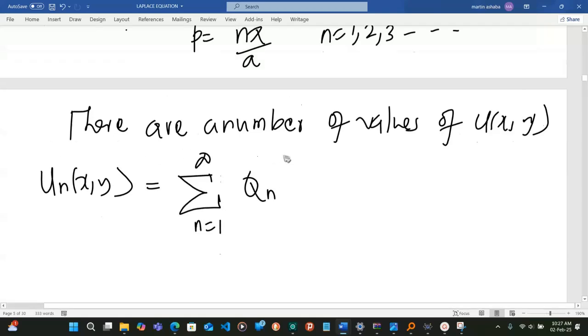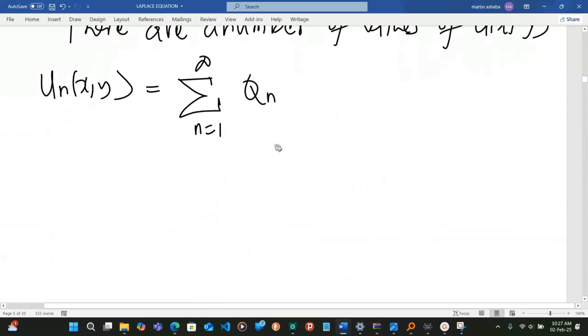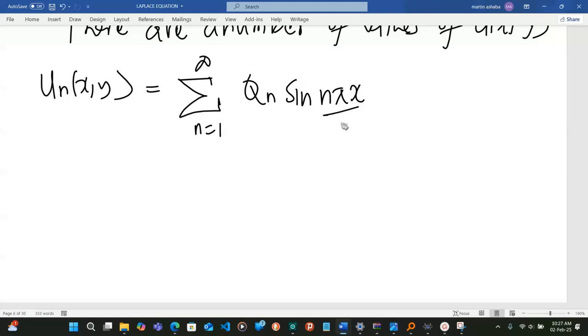We just convert this c1 to c_n, because for each and every value of n, we are going to have a different expression. So this is going to be c_n sin(nπx out of a), then the hyperbolic sine of (nπ out of a) times (b − y).